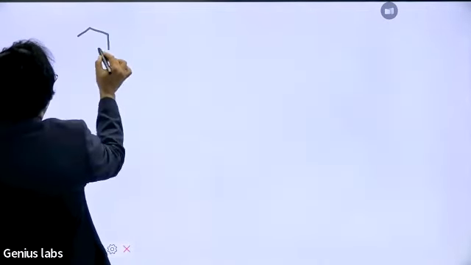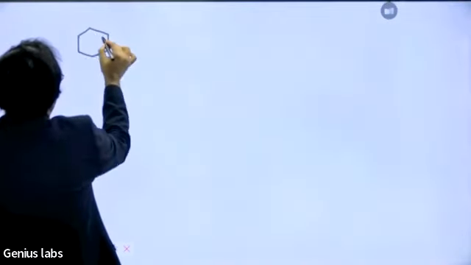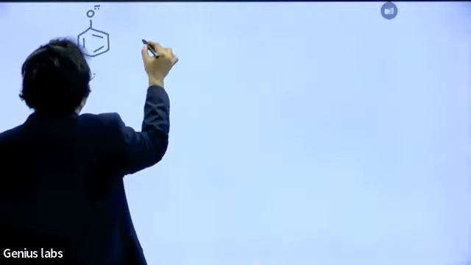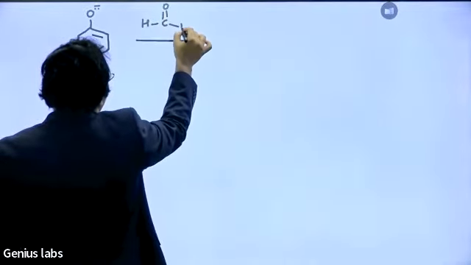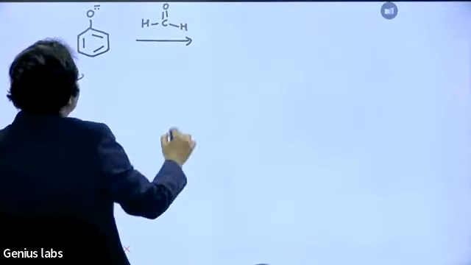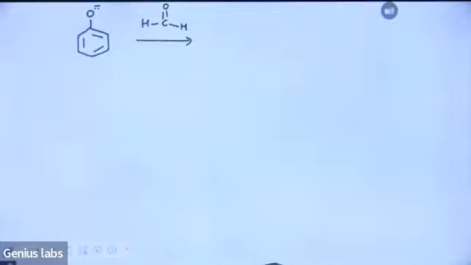So let us suppose you are given a question. O negative, and then you are given HCHO. Now please answer what will be the possibility in this case. O negative and HCHO.